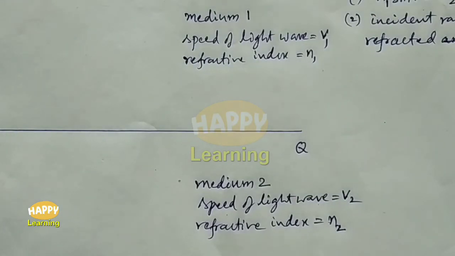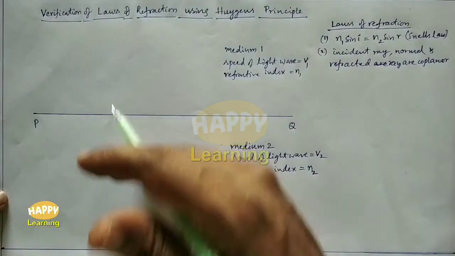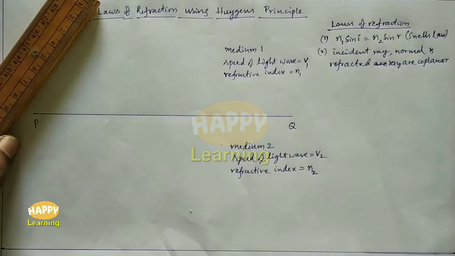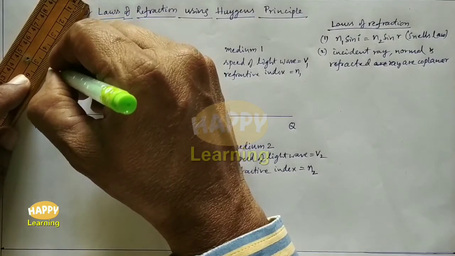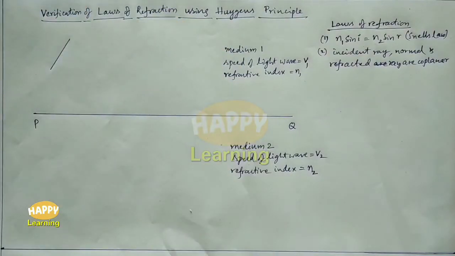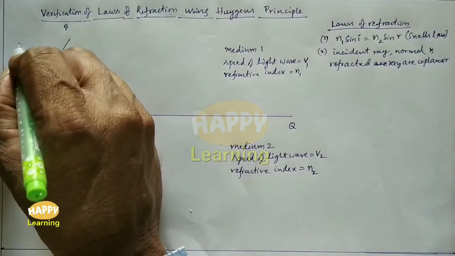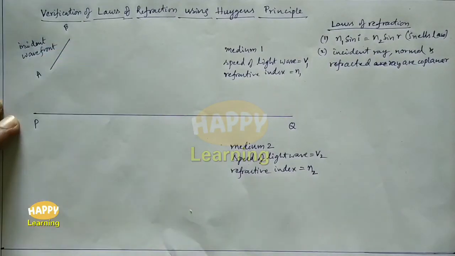Okay, right. So PQ is the interface. Above PQ is medium 1, below the PQ line is medium 2. Let us take a wavefront. Let us call this one AB. This is the incident wavefront.